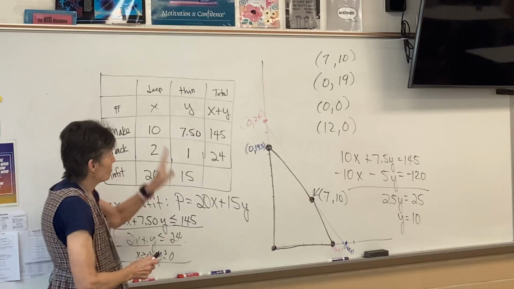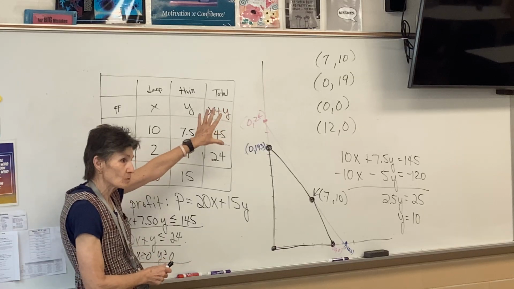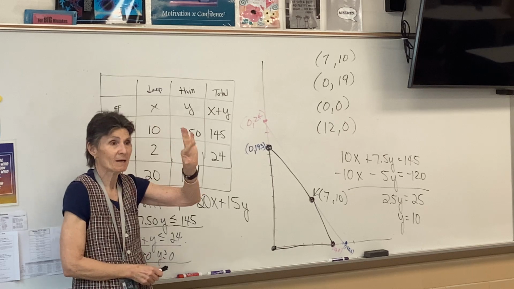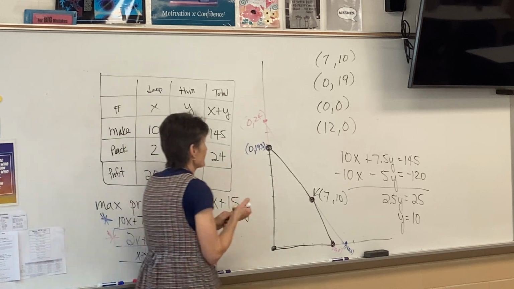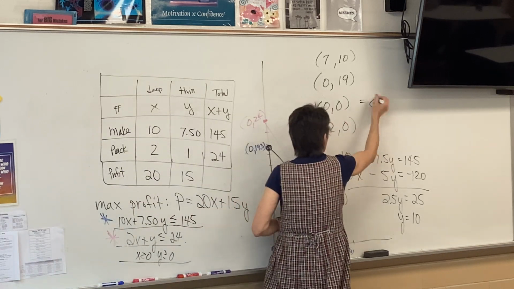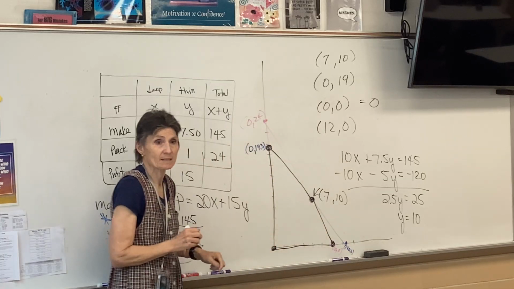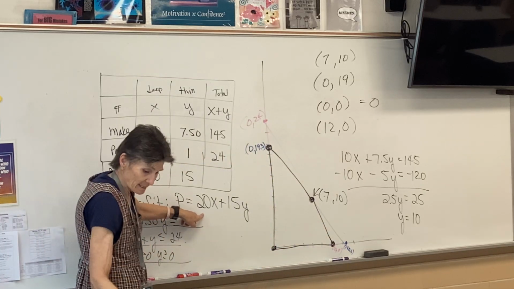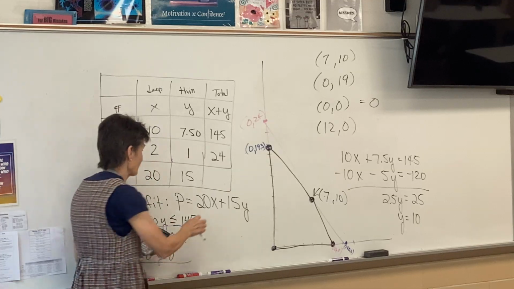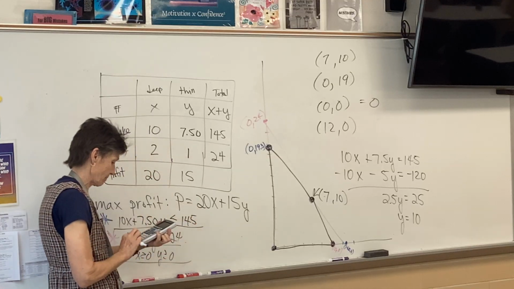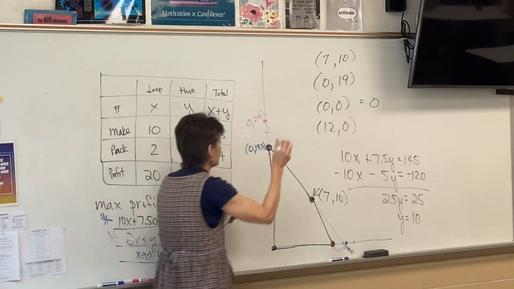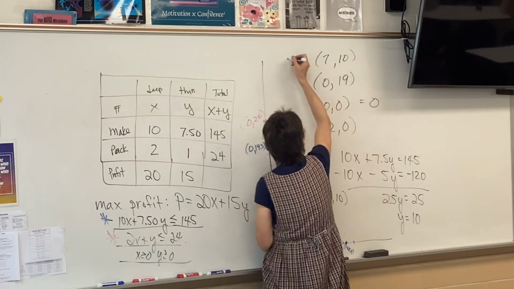Now, my answer is gonna come from one of those. Remember, this process finds your maximum and your minimum. Obviously, this is my minimum, because if I don't make any pizzas, I don't make any profit, right? But what if I did 7 and 10? If I did 7 and 10, I'd make $290.